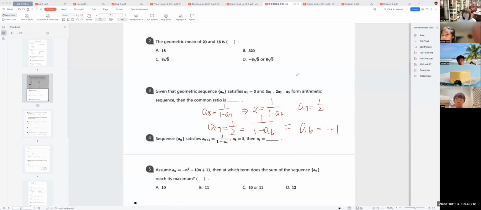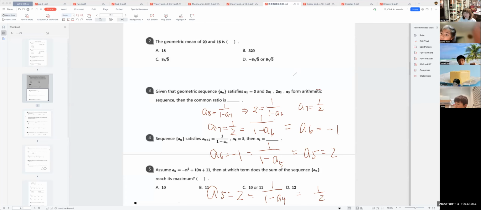A6 equals negative 1. Okay, so now because A6 equals negative 1, so it's 1 over 1 minus A5. 那也就是说这里要等于什么？等于 -1，对不对？所以 A5 equals 2. Okay, A5 equals 2, so 1 over 1 minus A4, and A4 equals what? Again, back to 1 over 2.